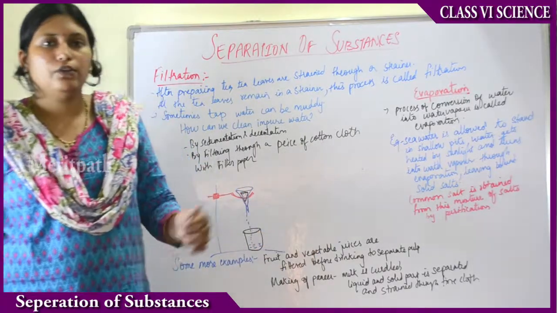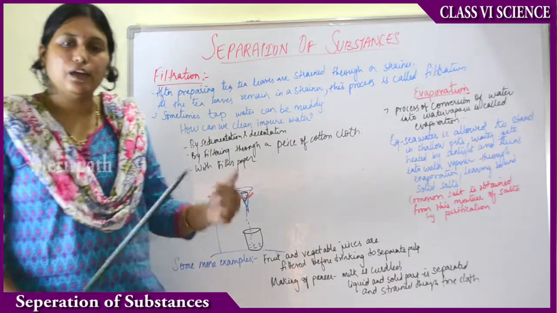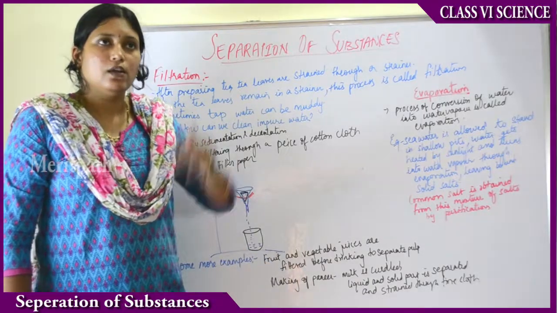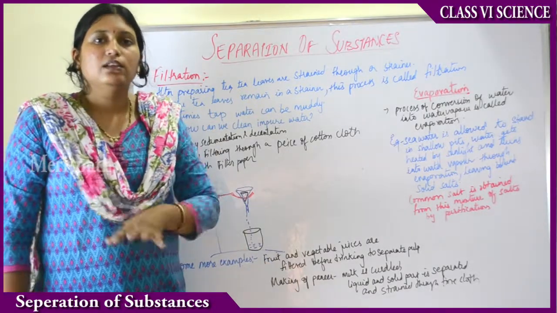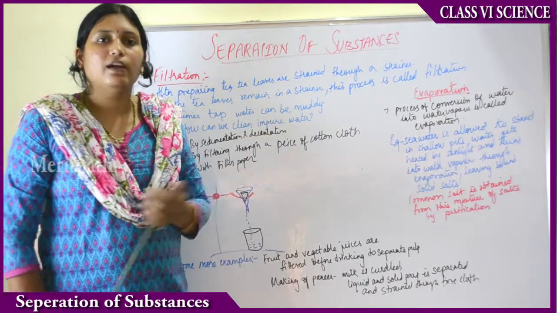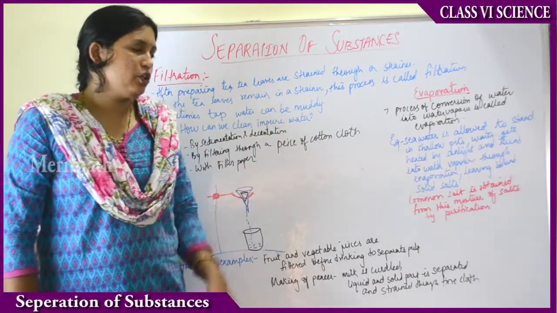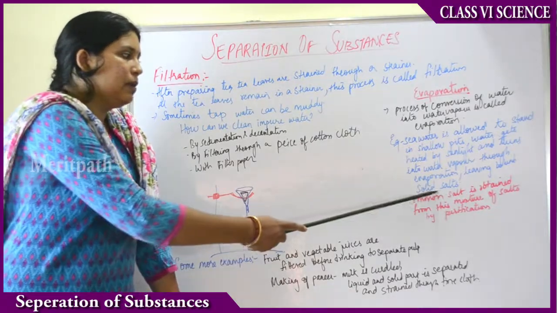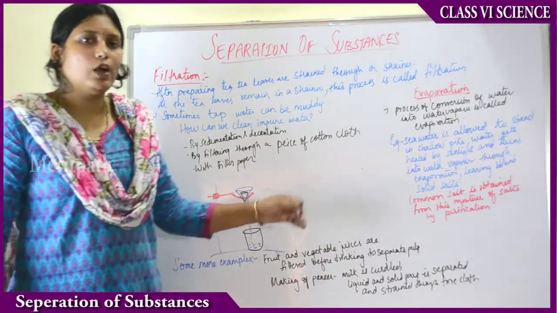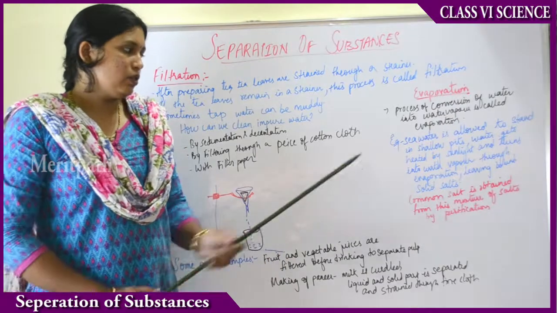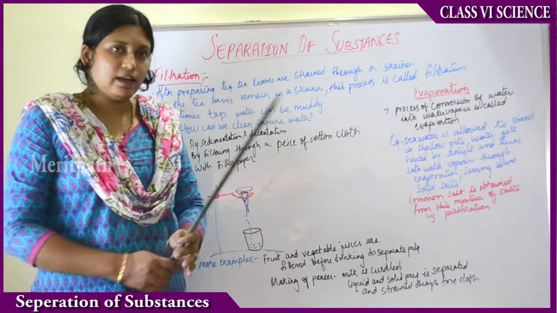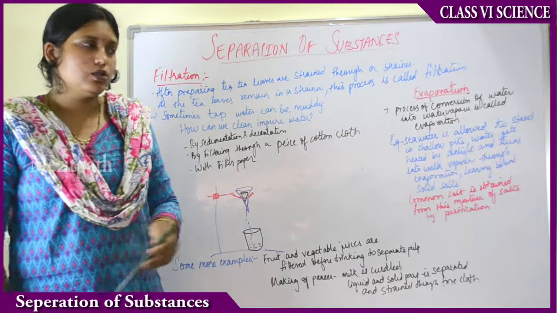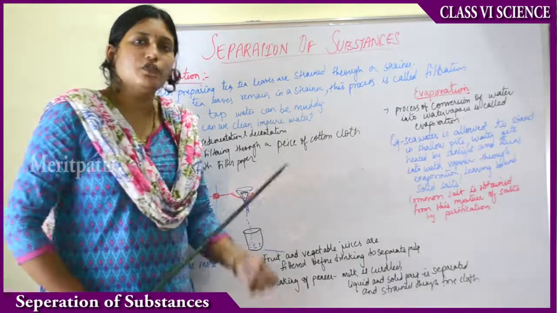So if sea water is taken in a small shallow pit and left like that for a few days, due to the sunlight and heat, the water gets evaporated by converting into water vapor. What happens when the water is evaporated? Salts will be left behind because sea water is salty or saline in nature. These salts are a mixture of some salts.